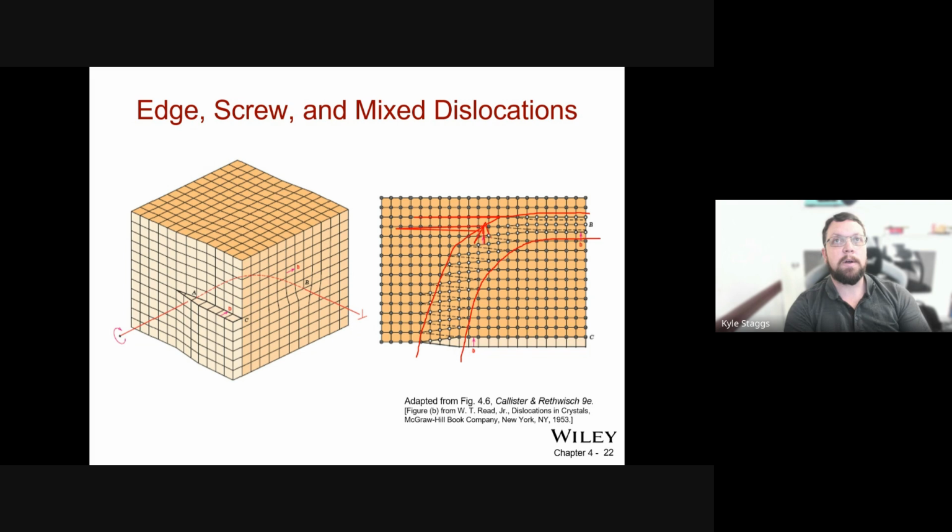So it's always in this direction. And even here, because it's perpendicular to the actual half plane of atoms, you have continuous Burgers vectors, so they all can work together to create this kind of a defect in the material.